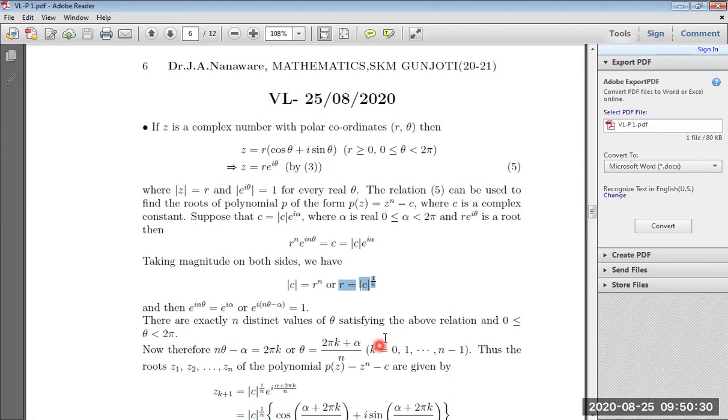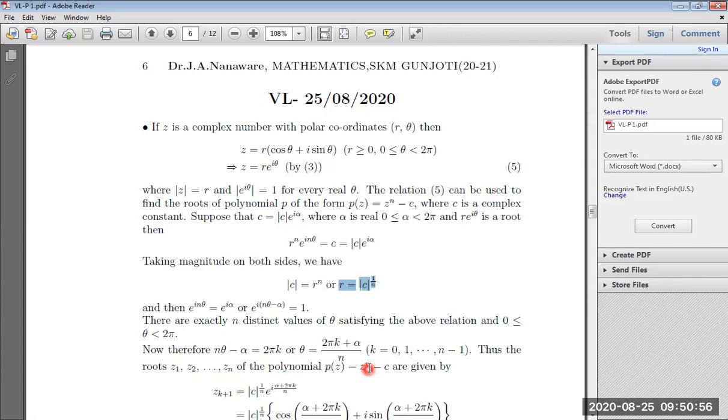Okay, so the number of values is n, because we will have n distinct values of theta, and therefore for each value of k we can have the roots. So here the roots are of this type, right? We denote those roots by z1, z2, and so on up to zn of this polynomial expression.